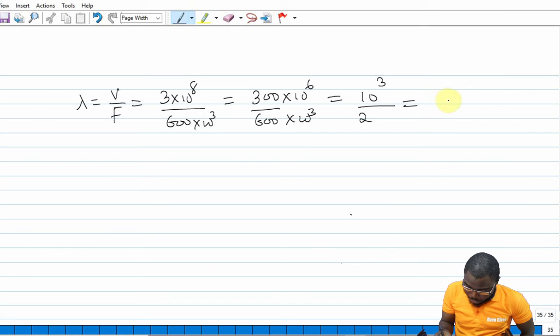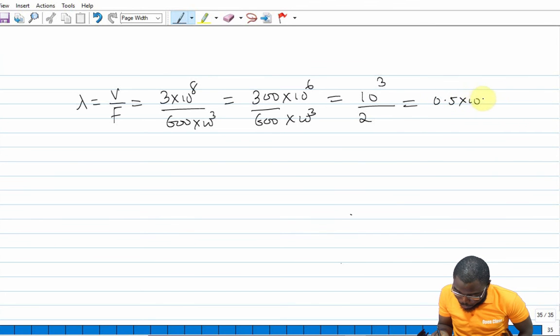So 1/2 is 0.5 times 10 raised to the power of 3. This is effectively equal to 5 times 10 raised to the power of 2 meters.